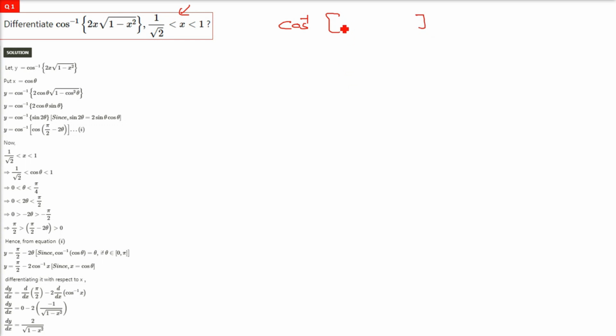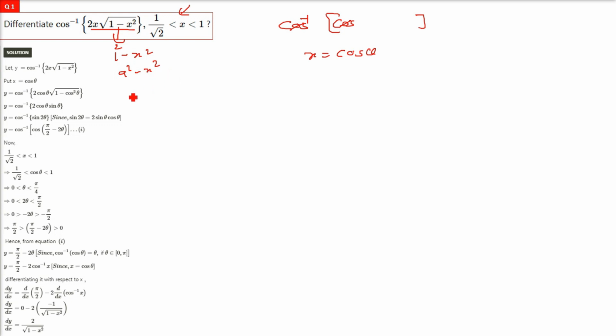So cos inverse is outside. Whatever you substitute, the resultant should be some cos, so that you can cancel this cos and cos inverse. So how do you get something in this 2x under root 1 minus x squared, so that you get something cos? If I put x as cos theta, I told you when you have a squared minus x squared, a is 1 here, 1 squared minus x squared you can assume.